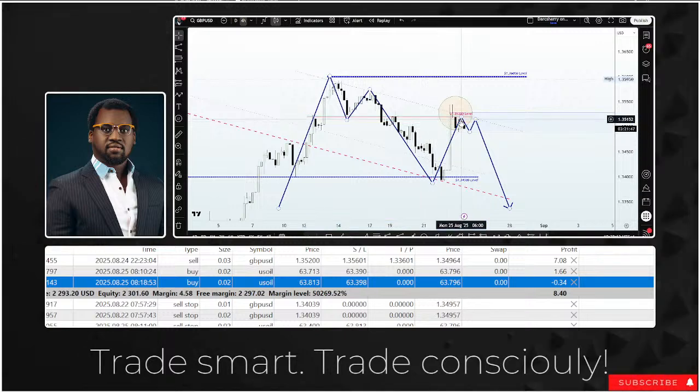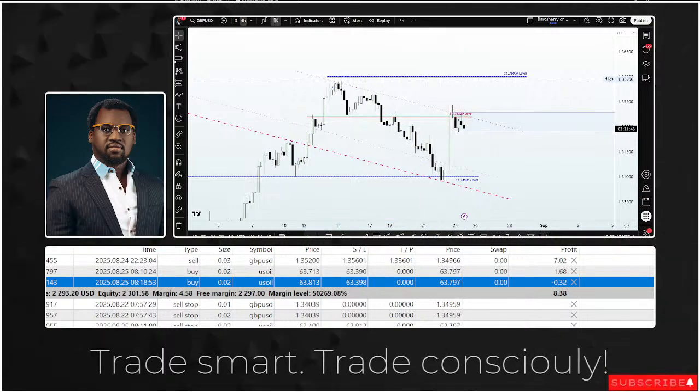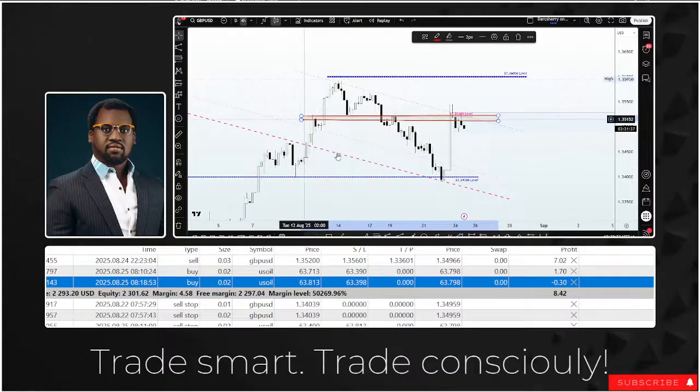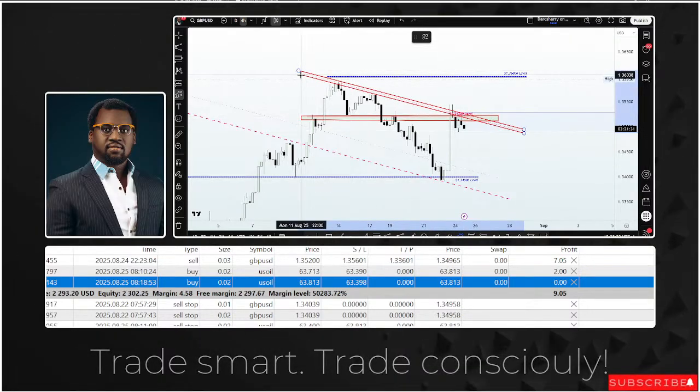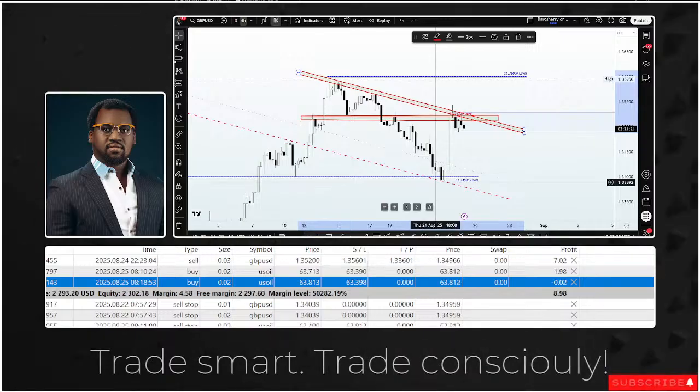So as a result of this and the fact that price continued to find selling pressure below our key level at the 1.352, just right here, and the resistance line of the descending channel, I am looking for a sell position for now. So as a result, you can see at the bottom of your screen, I have one sell position triggered already, which is doing very well at the moment, as you will see there.